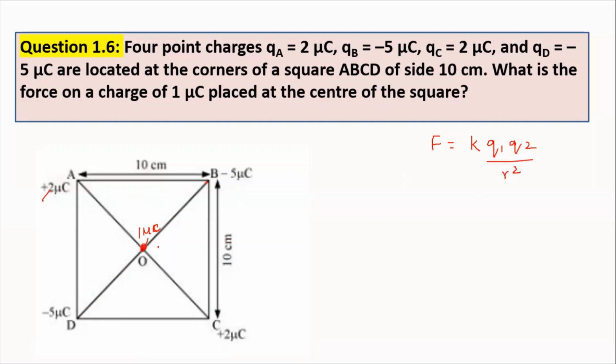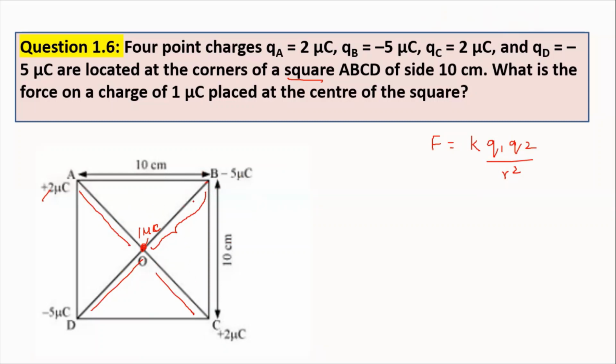The first step is to calculate the distance between this and this charge, similarly this distance, this distance, this distance. But we know the given figure is a square, so for a square, this distance OA equal to OB equal to OC equal to OD will be equal.